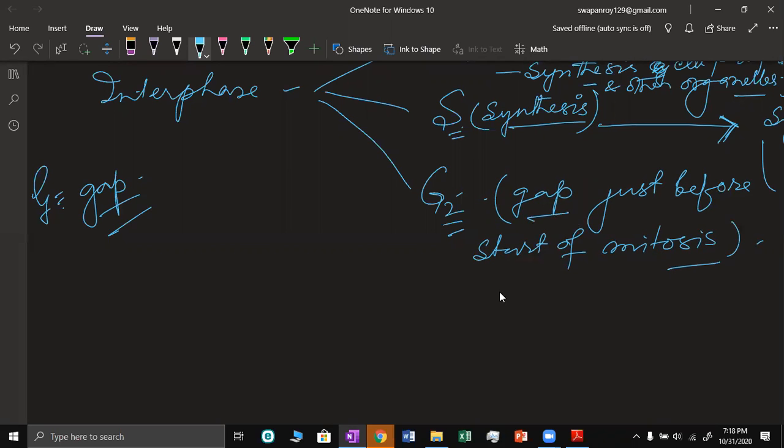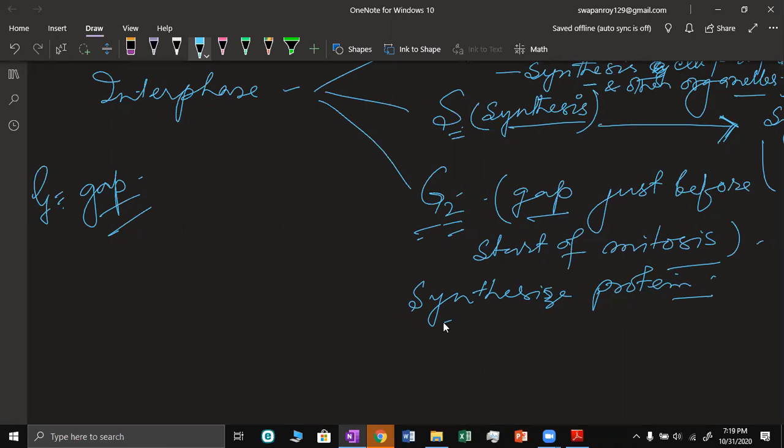During this process, of course, they synthesize proteins. Here in the G2 phase, they synthesize proteins for preparation of the cell division.